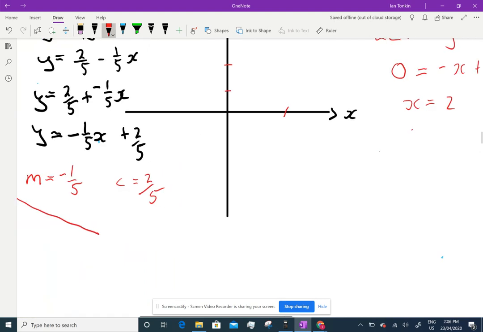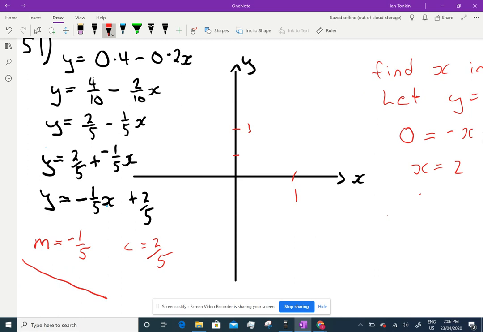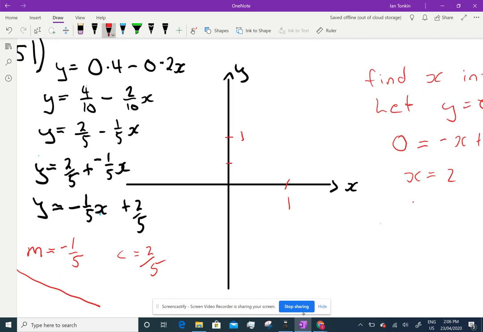Right. So here we go. I'm going to call that 1, and I'm going to call that 1. So the gradient is going down, and it's going to go through 2/5. So 2/5, actually, let's get rid of this. 1, 2, 3, 4, 5.